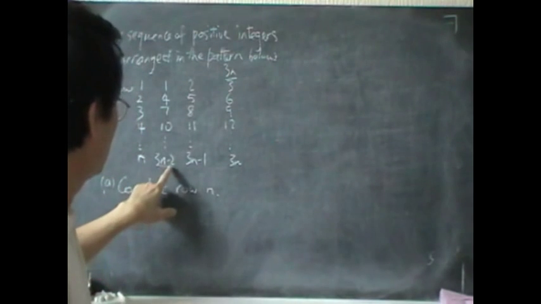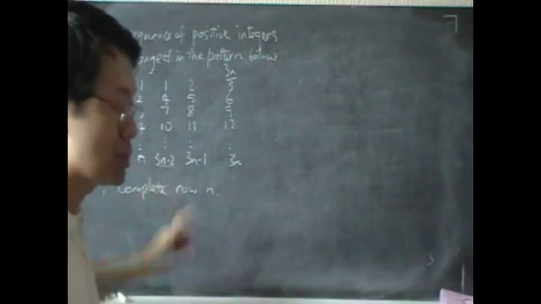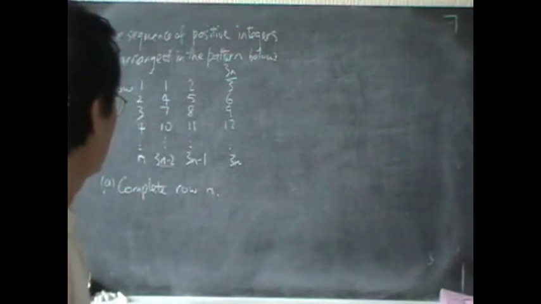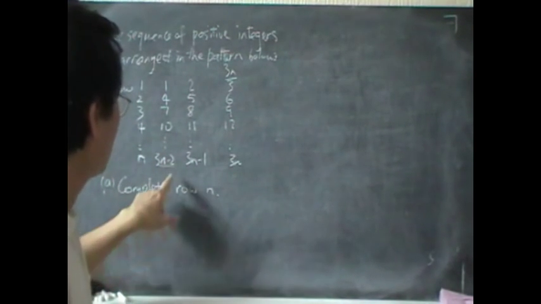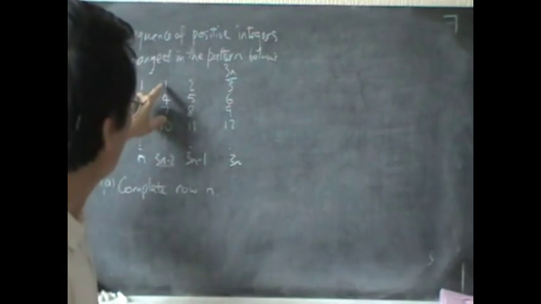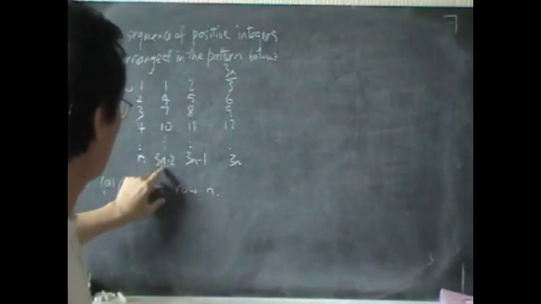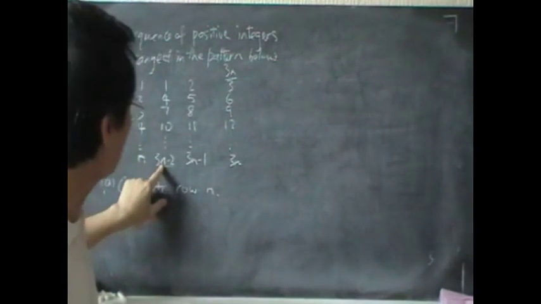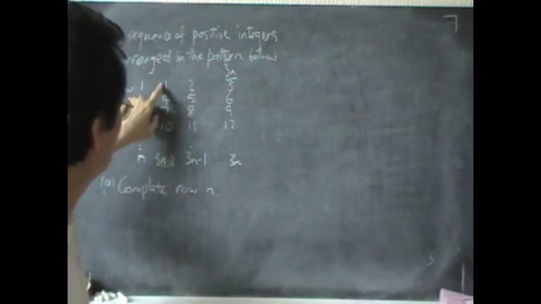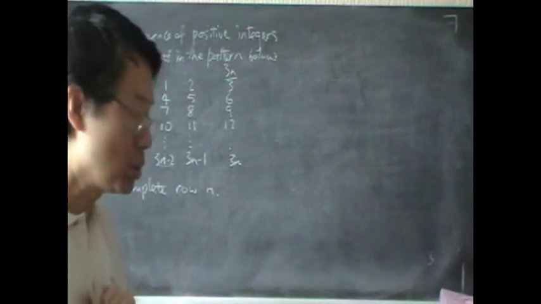So instead of a 3 for 3n, you have just a 1 for the row 1. So you must add or minus something from the 3n. And the number to minus is 2 if you want to get a 1. When n is 1, 3n is 3, and in order to get the first term, you have to minus a 2. So this is the quick way to do it.